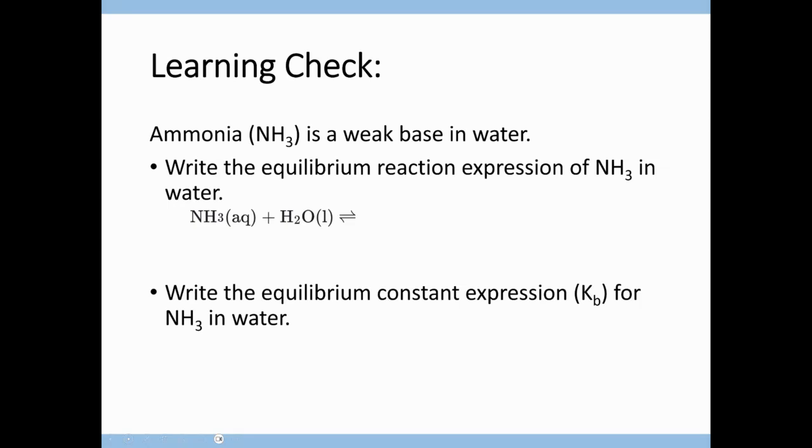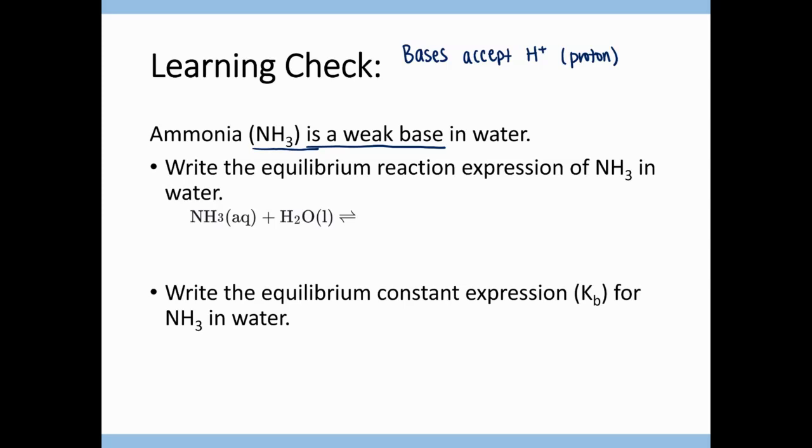Okay, so to think about what these products should be, the conjugate acid and the conjugate base. This statement that NH3 is a weak base is what indicates what's giving up a proton and what's accepting a proton. So if NH3 is the base, remember that bases accept H+, which we call a proton.